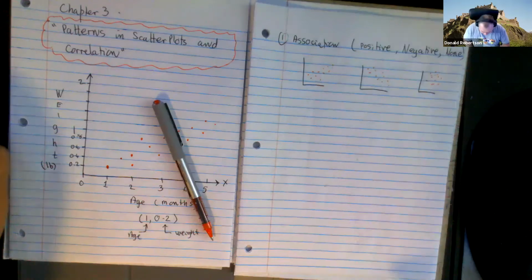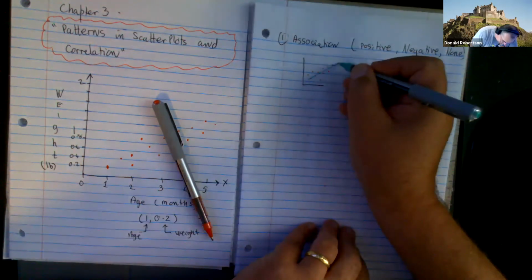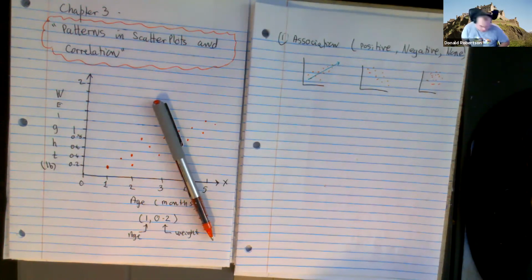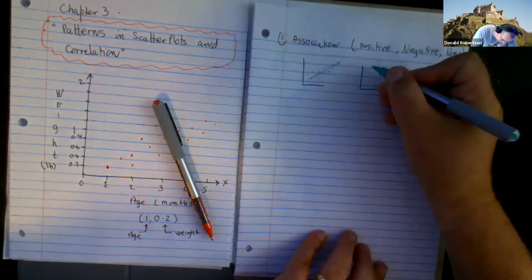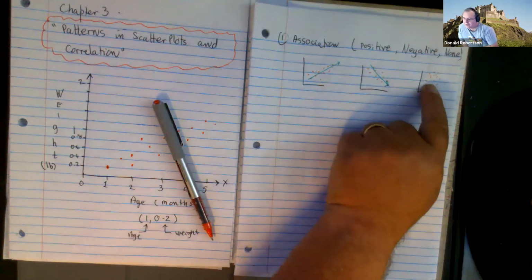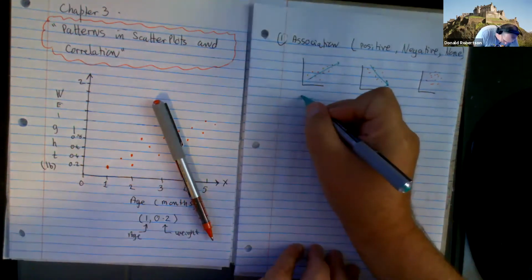If you have positive association, it means basically that the data is going uphill. It's not very clear, but in general, it's an uphill journey. This one's probably a little bit better. Would you agree that's a downhill journey? And would you agree this one is going nowhere? This is positive association.